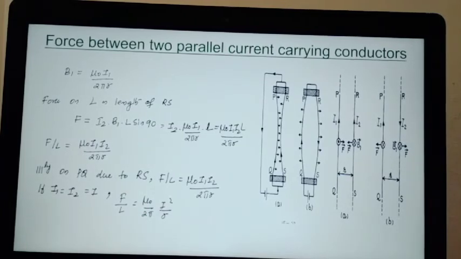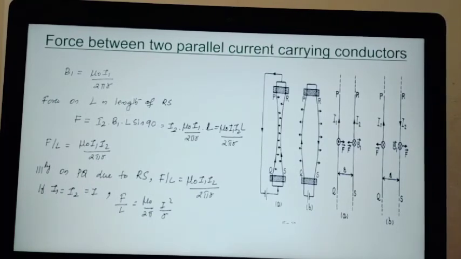Now you can consider the reverse situation, as I already told you. Suppose PQ is placed at a distance R from RS, and due to I2 on RS, a B will be there, that is B2. B2 can be expressed as mu 0 by 2 pi I2 by R. Is it okay?